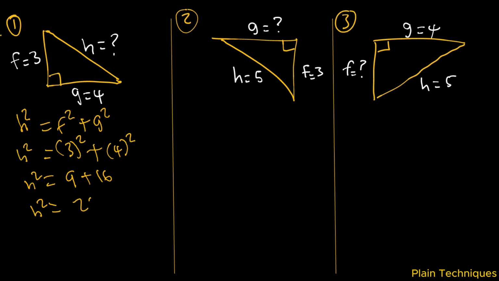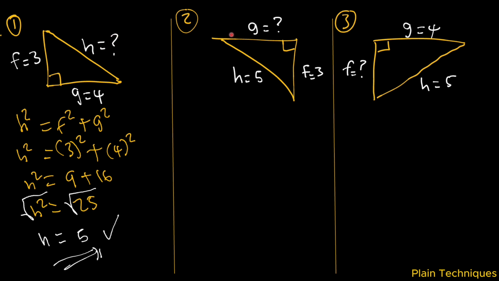So what I'll do to get h, I'll put square root on both sides. This side I'll still have h, and this side I'll have 5, which means h is equal to 5.